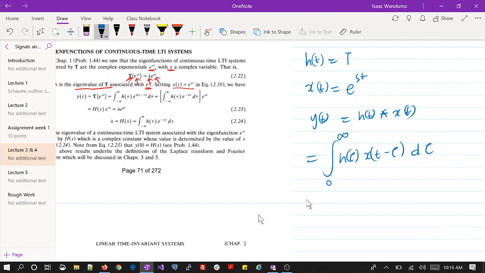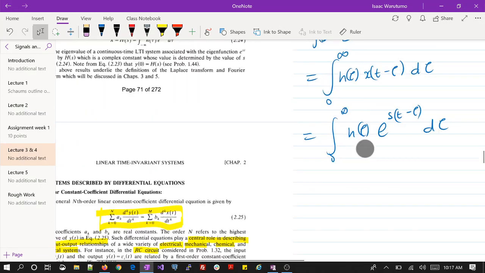Now something very important: if x(t) is replaced by this, our integral takes the shape h(tau) e^(s(t minus tau)) d tau.